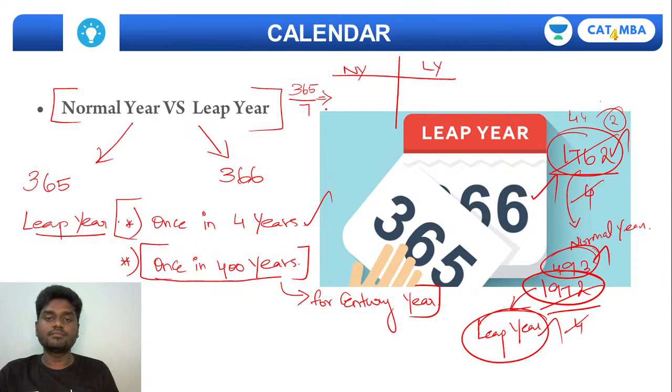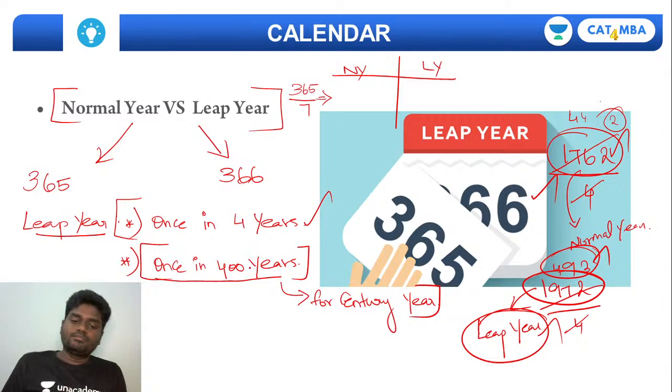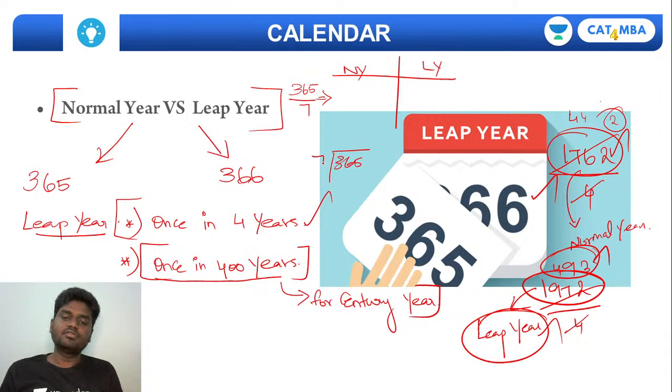That is what you need to see. So 365 divided by 7. 5 times, it exactly goes 35, and then 15. 2 times it is 14. And what is the remainder which you got? The remainder which you got is 1. So it is absolutely clear that a normal year will have 1 odd day.